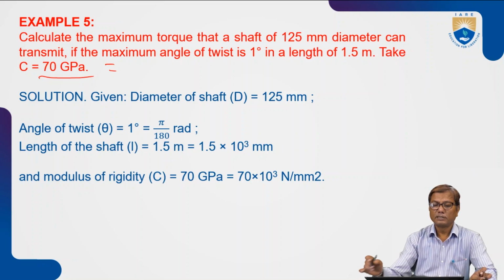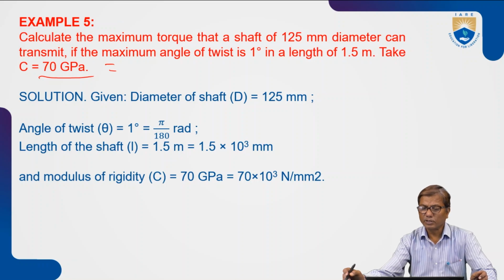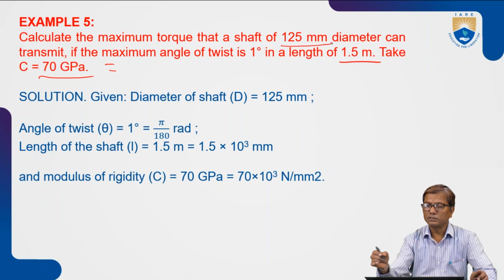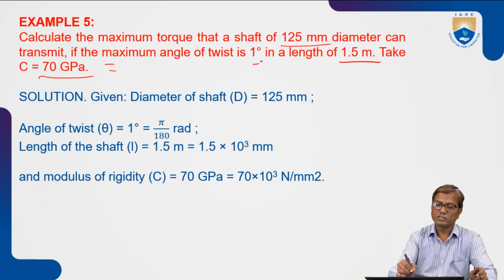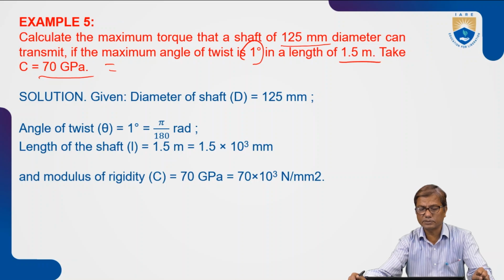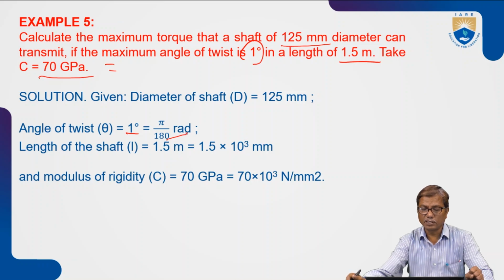So length is 1.5 meters and diameter 125 millimeters, and angle of twist is 1 degree in a length of 1.5 meters. So angle of twist is 1 degree, which is converted into radians, that is pi by 180. 1 degree is pi by 180 radians.